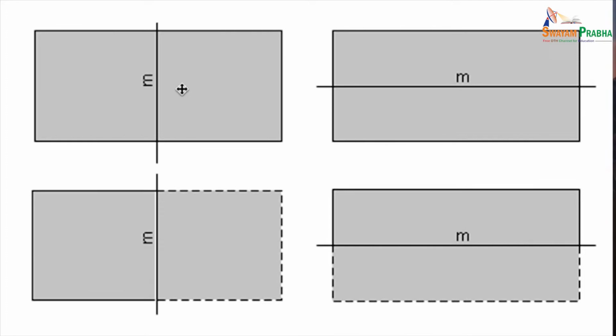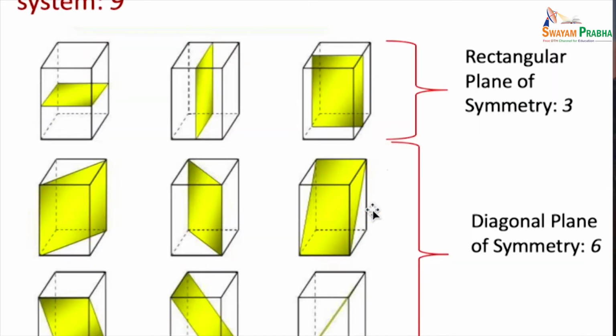Similarly, the dashed parts of the rectangle show what would be seen as a reflection in the mirror. This rectangle on the right has a mirror plane that runs horizontally and is perpendicular to the page. So with this, you get a feel of the rectangular planes of symmetry and the diagonal planes of symmetry.